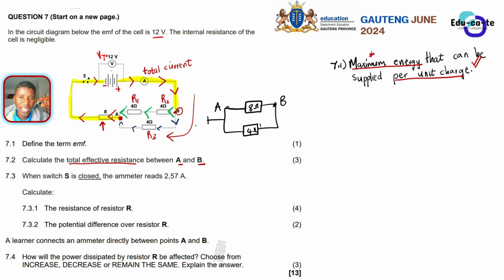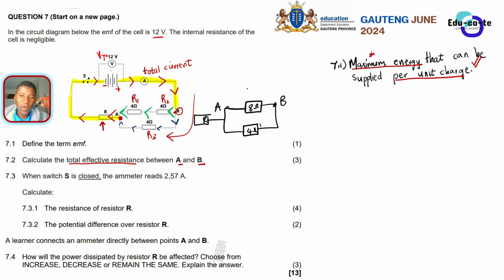And then you've got resistor R there. Do you see that I've combined these 4 ohms, which are R1 and R2, to make an 8 ohms resistor, to make things simpler for me? Because if I use this 4 ohms exactly as it is without considering the other one, it won't be correct.